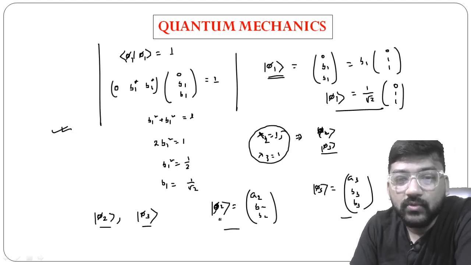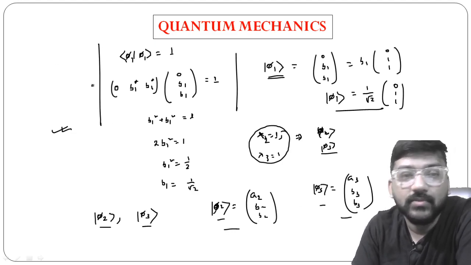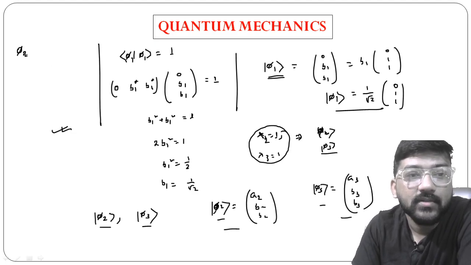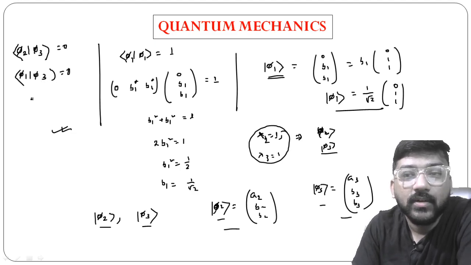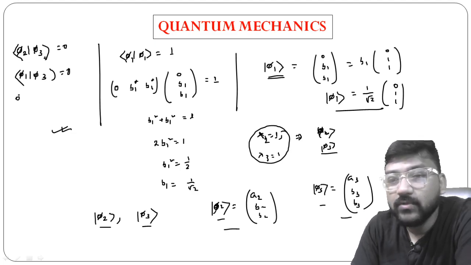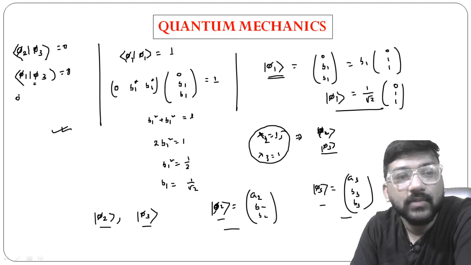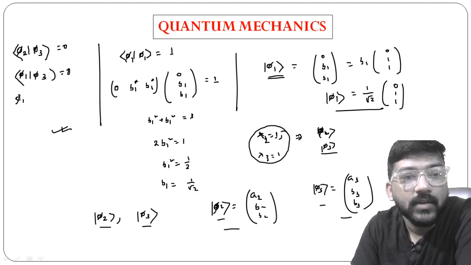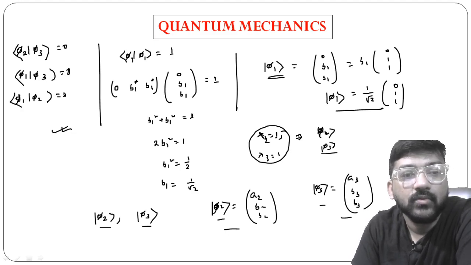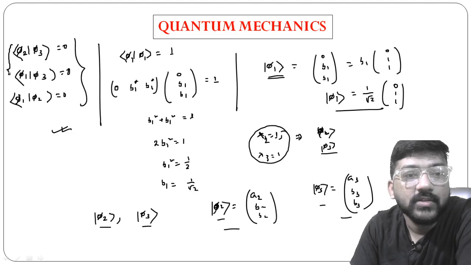Obviously you have to find out phi 2 and phi 3 in such a way that phi 2 with phi 3 equal to 0, phi 1 with phi 3 equal to 0, and phi 1 with phi 2 equal to 0. This all will be 0. So this condition will hold.